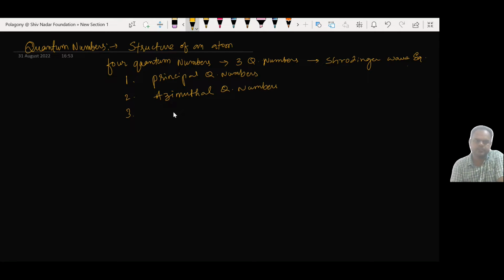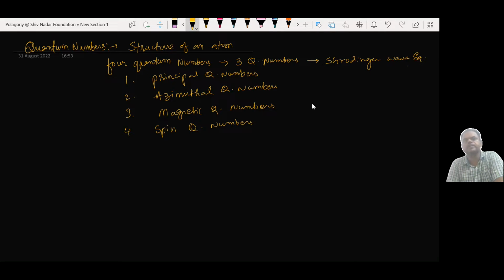The third one is the magnetic quantum number. The fourth one, the independent quantum number, is the spin quantum number.